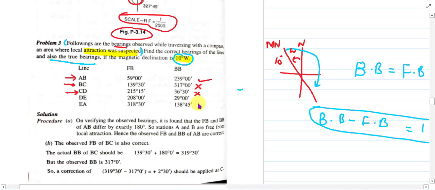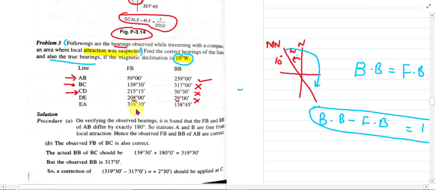So this is also taken as wrong, or we can say that something which appears here is local attraction. Now we move to the next, the line DE. It is 8 here and 9 here. So once again this is not free from local attraction. These values are taken from the station where local attraction has been found.